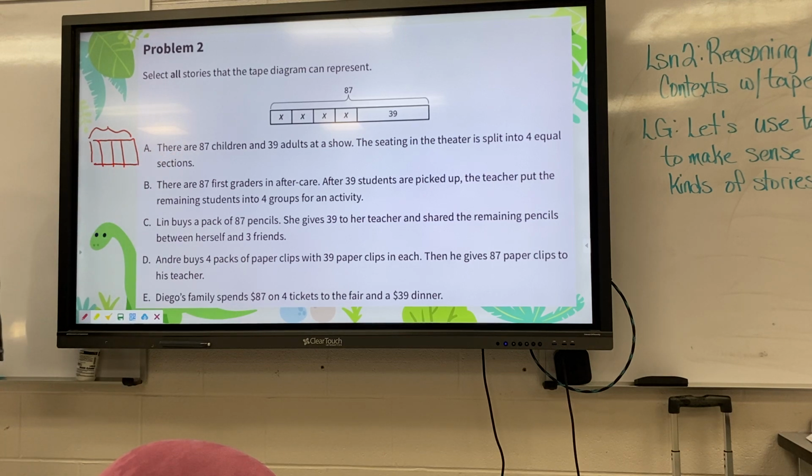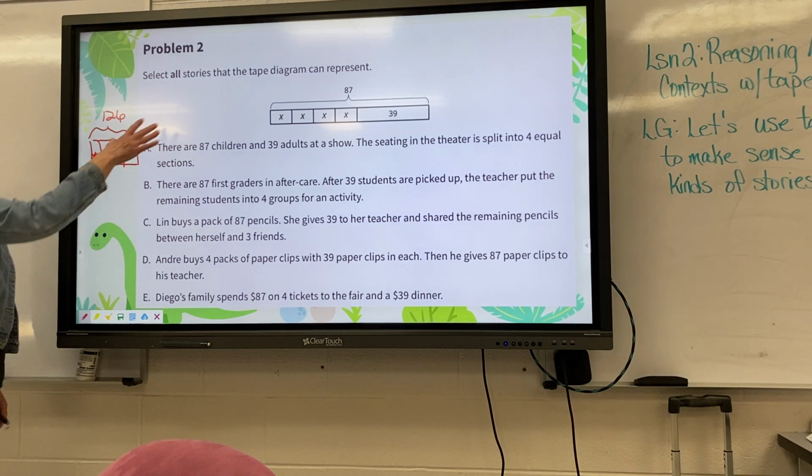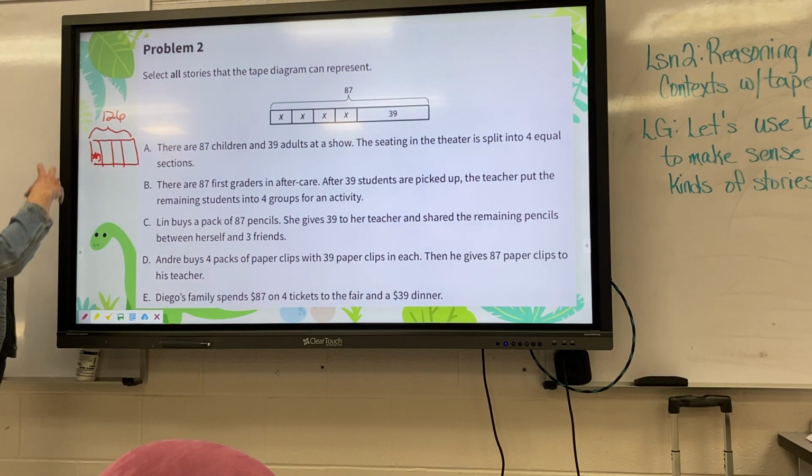Well, 87 and 39, so that is 126. And then we're gonna have X plus Y. We have 2 variables. X could be the children, Y could be the adults. But they don't even tell us that the same number of children sit in the same section, and the same number of adults sit in each section. So they don't tell us that. So we know it's not that, but we can't really even draw this.